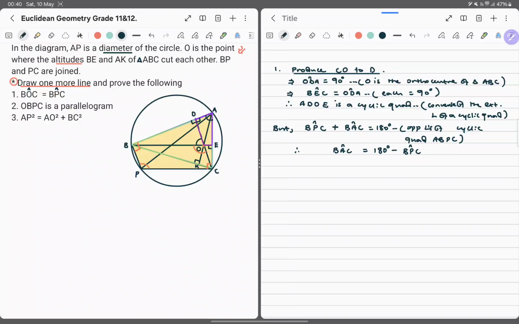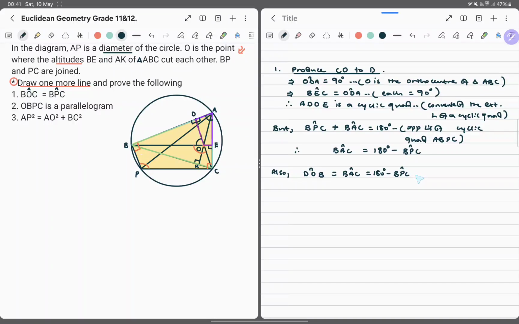So now we can say here also, we understand that angle DOB should be equal to angle BAC, which is going to be equal to 180 degrees minus BPC.